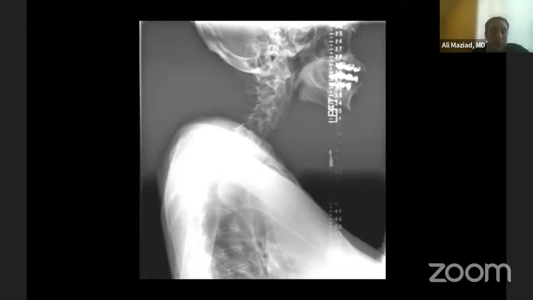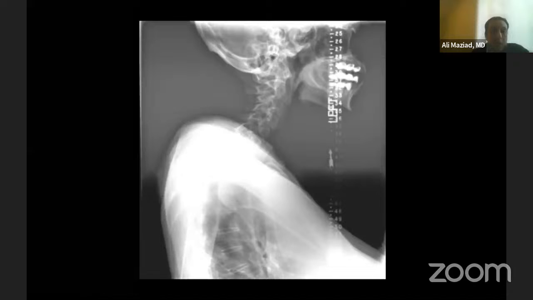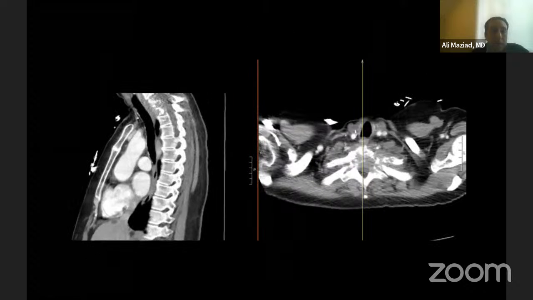That's again the X-ray showing a little bit of an SVA there. I think it's a little bit close to 4 centimeters. Next slide, please. And now the CT scan, you would see a destructive lesion involving the C7, T1, and T2 levels.